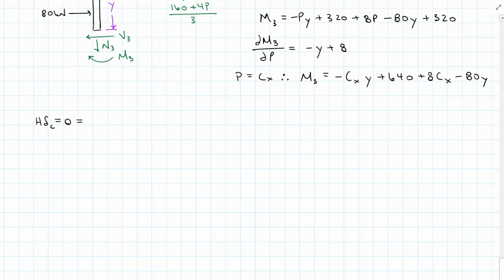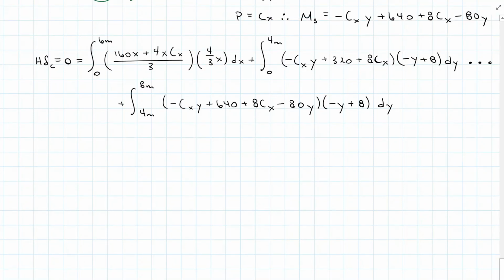I'm going to plug this all into my horizontal deflection at C, Castigliano's theorem equation, solving the system set equal to 0 because I have no horizontal deviation at pin C. Pin C holds it into place. I find that Cx is equal to a negative 48.6 kilonewtons, which means it is acting to the left instead of my assumed direction to the right.